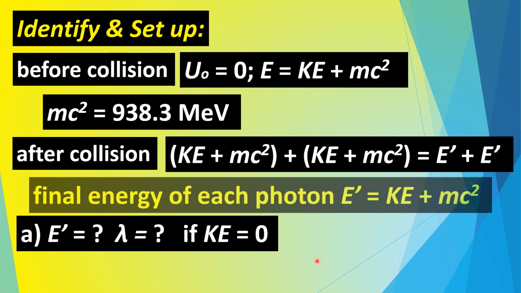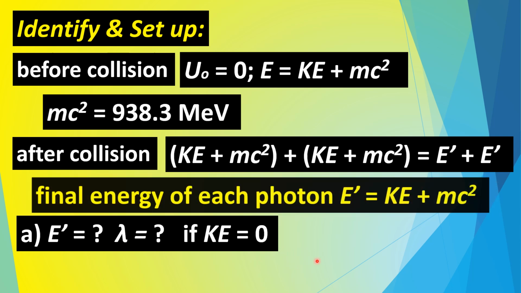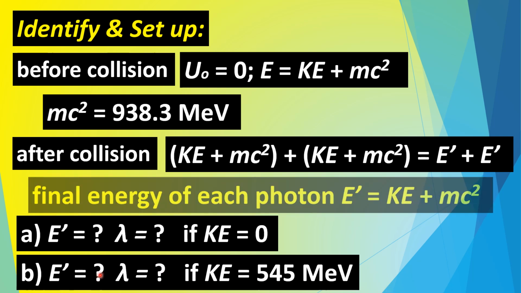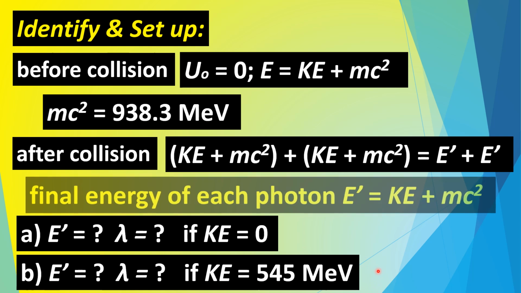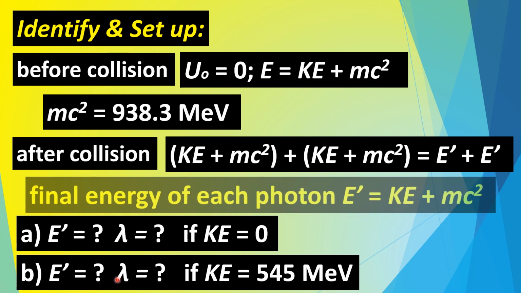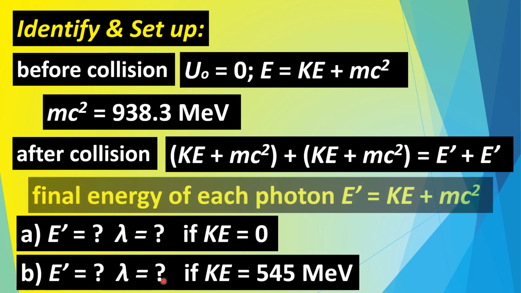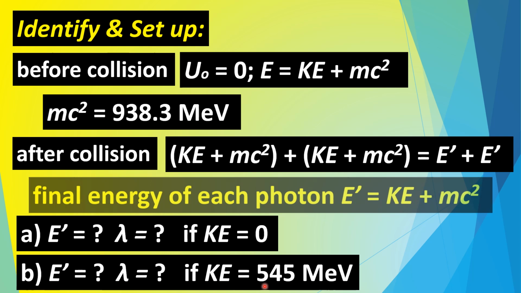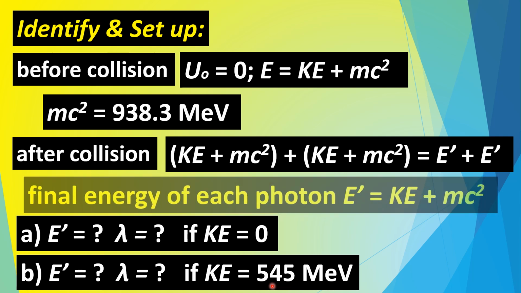For situation letter B, we also find the final energy of each photon as well as the corresponding wavelength lambda, if the kinetic energy of each is equal to 545 million electron volts.